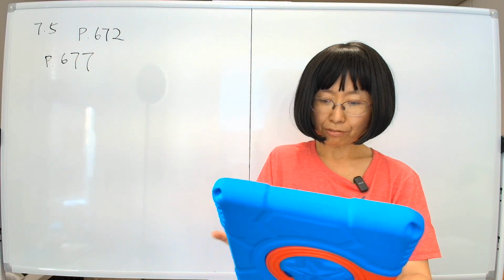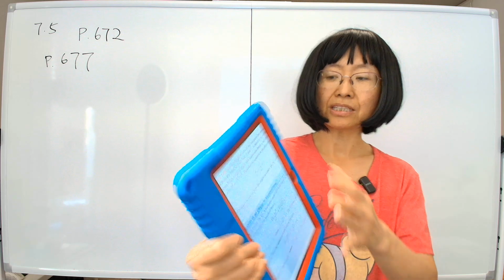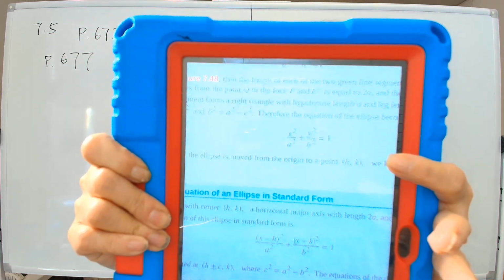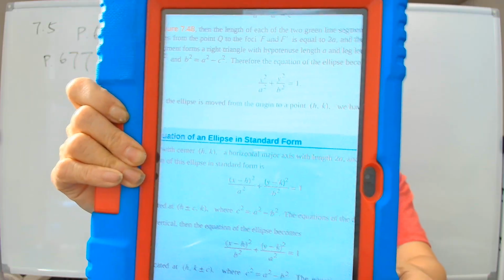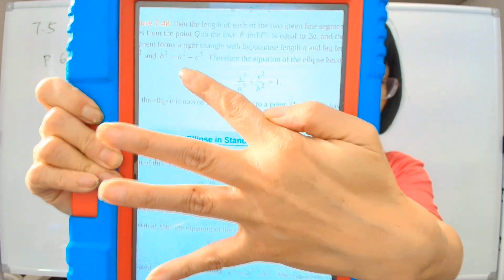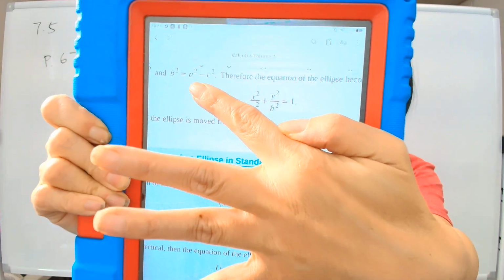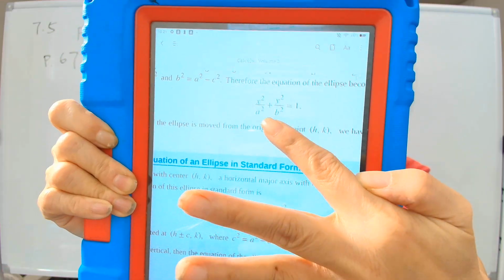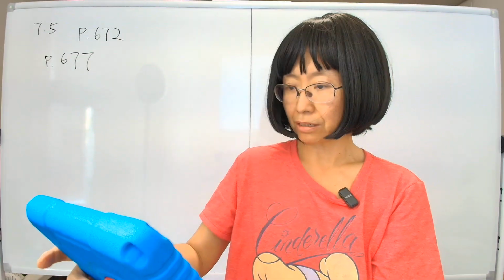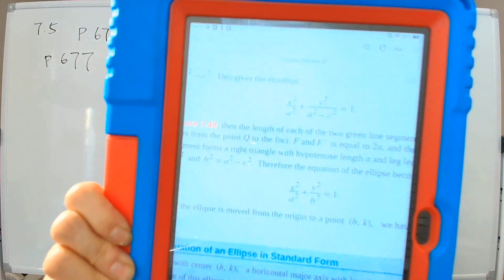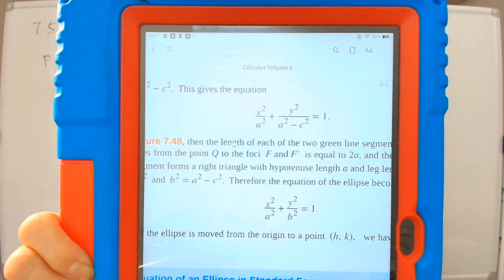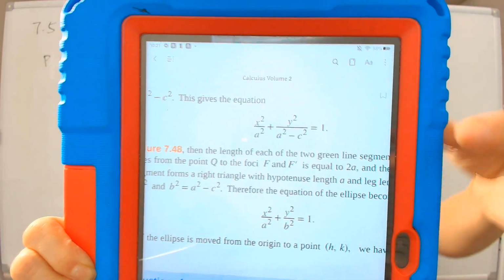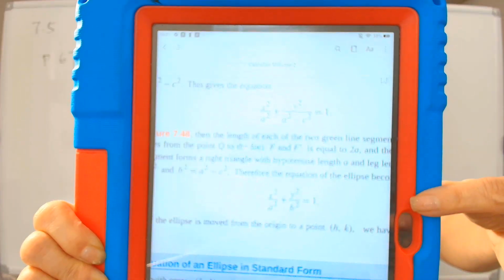And anyway, we have come down to the general equation, where for ellipses, this b squared is correct. b squared equals a squared minus c squared, and that gives you this equation right here. All right, now let's look at this more carefully. So here's the equation: a squared minus c squared on top equals b squared on the bottom.